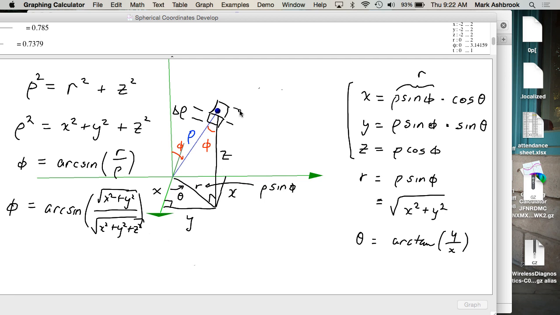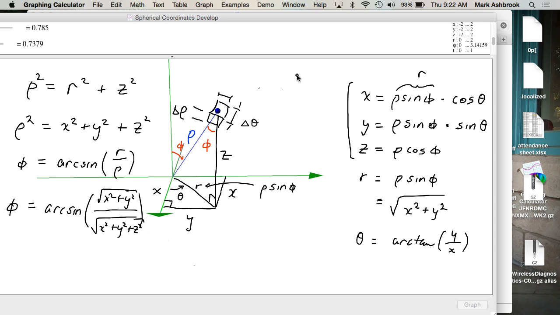This would be our change in, well, that distance is not the change in theta, but it's going to be based on the change in theta, right? And then this one here is going to be based on, it's not a distance. We need to figure out what these distances are, because our dV is still going to be like length times width times height.